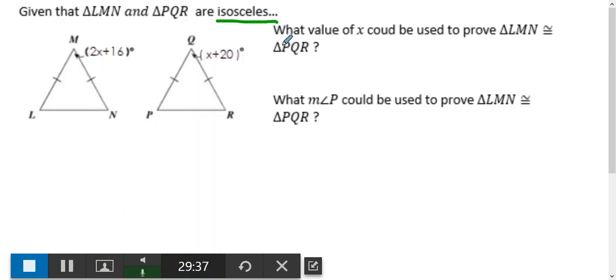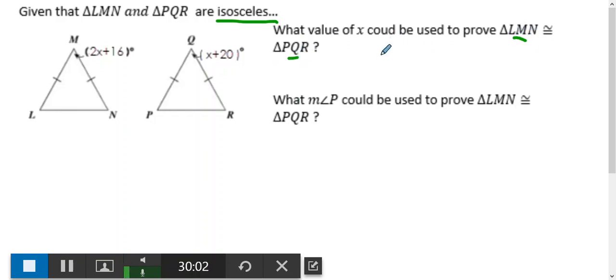So we need to use what we know about isosceles triangles. If we're trying to prove that they're congruent, we want to know what value of x would leave these the same, because the angles would be the same. We have angle M and angle Q, they're both in the middle, so they would be the same.